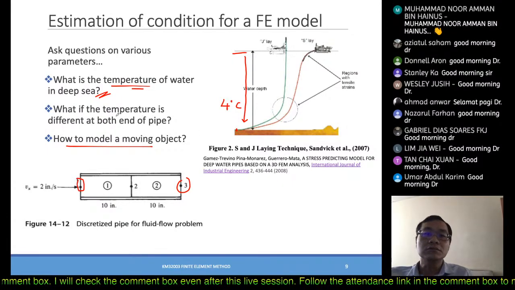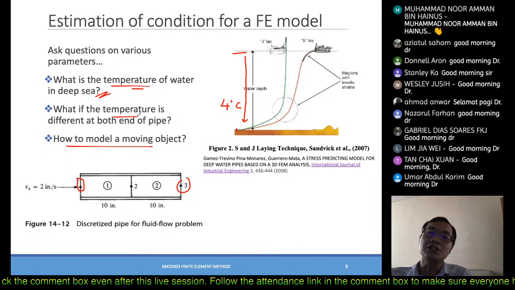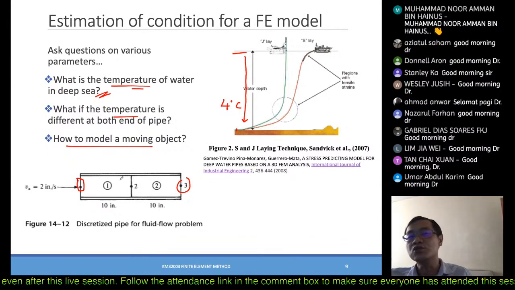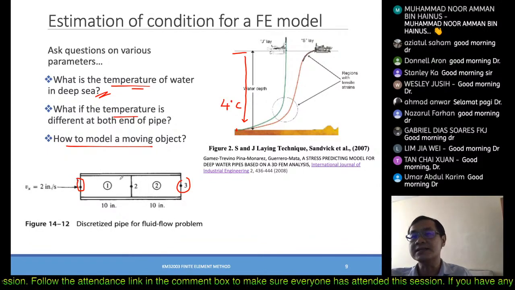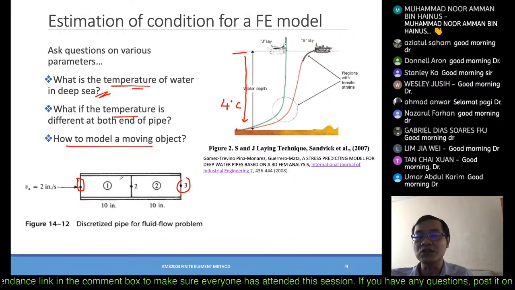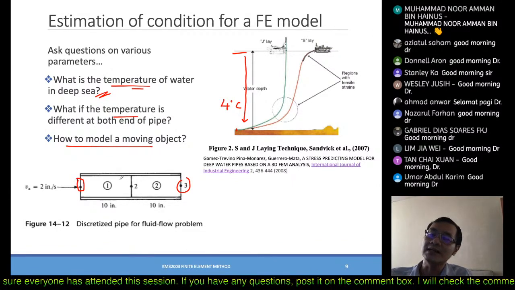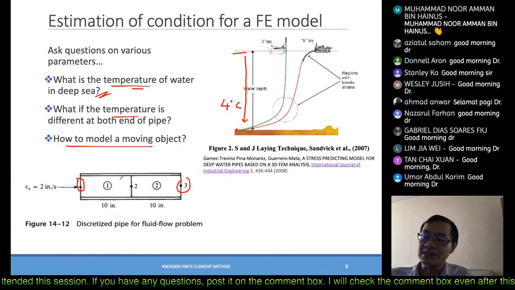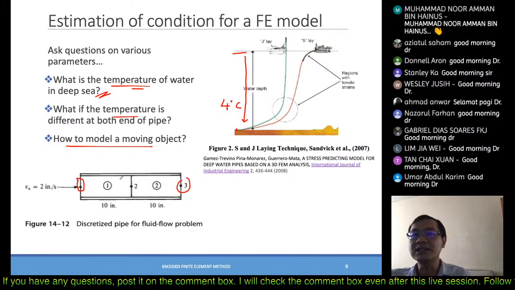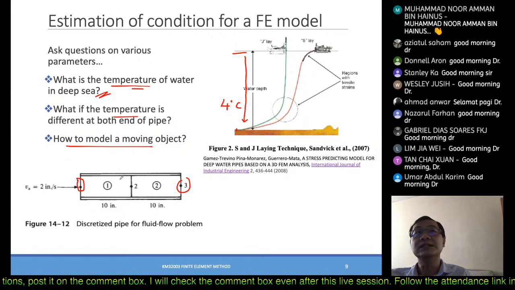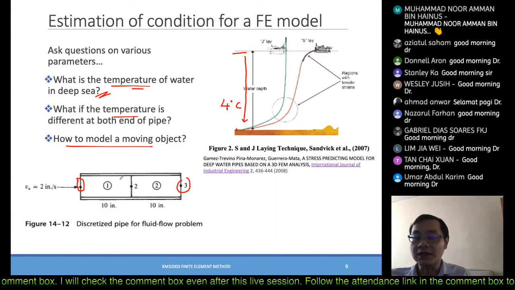Then what if the temperature is different, when should we consider a temperature dependent viscosity, similar to the previous questions in the previous lecture? We talked about the temperature dependent material property, the conductivity itself.